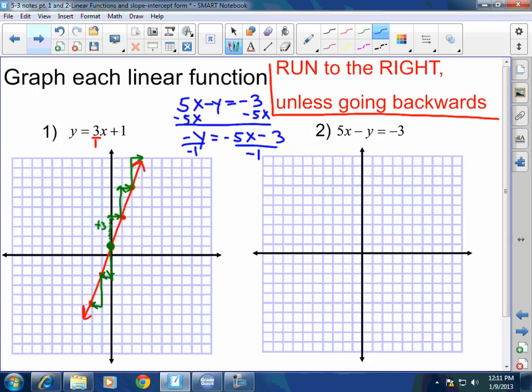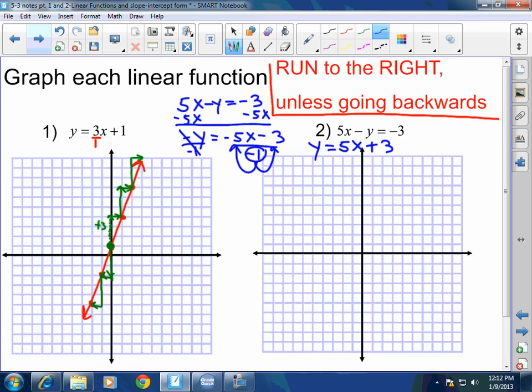Now remember, this is the reverse of distributive property. This is division distributive. This negative 1 has to get divided to this and to this. Remember we talked about that when we were talking about distributive property. So in the end, this is going to equal y equals 5x plus 3. What's my y-intercept? 3.